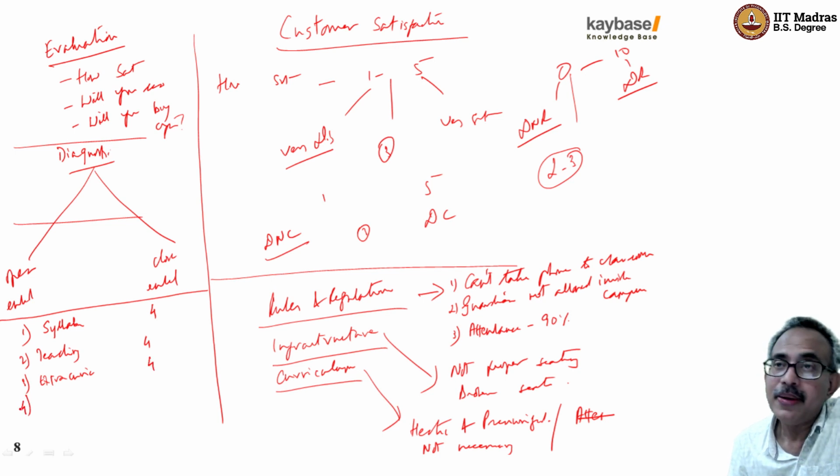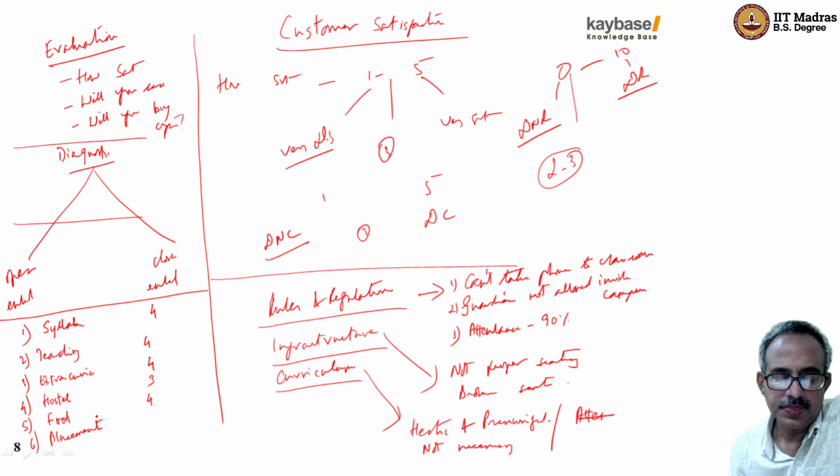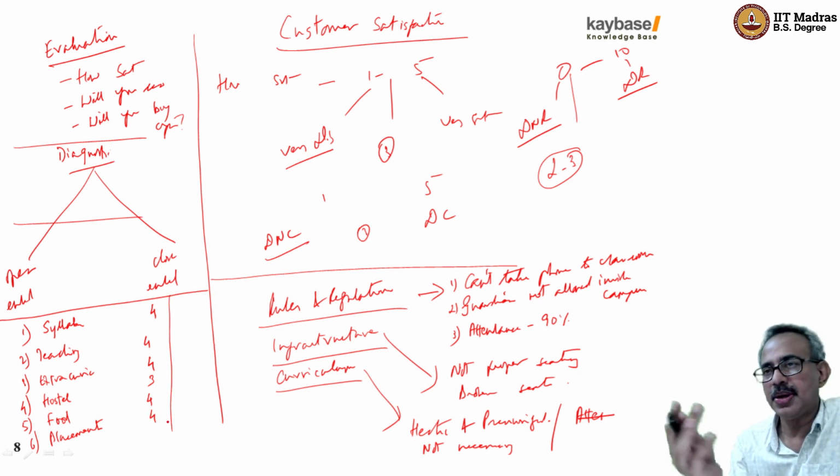You stay in the hostel? Yes. How satisfied are you with the hostel facilities? I'll give it a 3. Okay. How is the food? 4. Okay. How are the placements? Placements, I'll give it 4. Okay. That's it, I'm done.